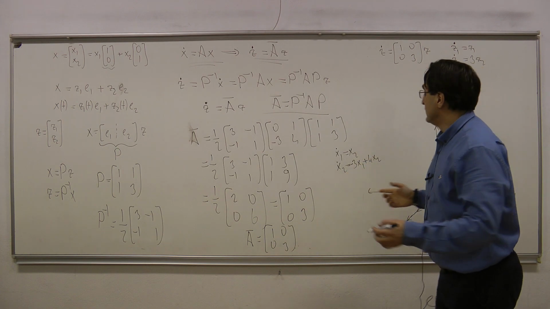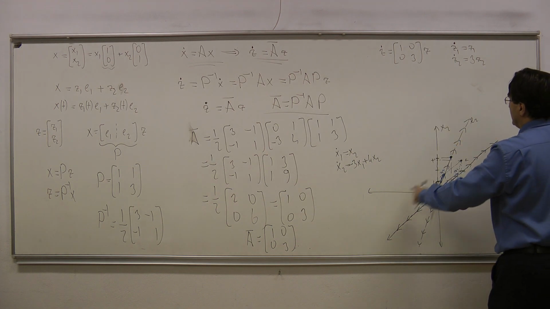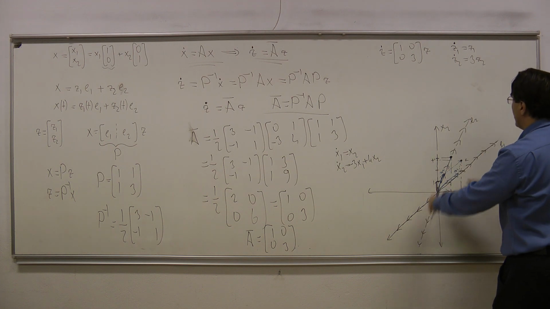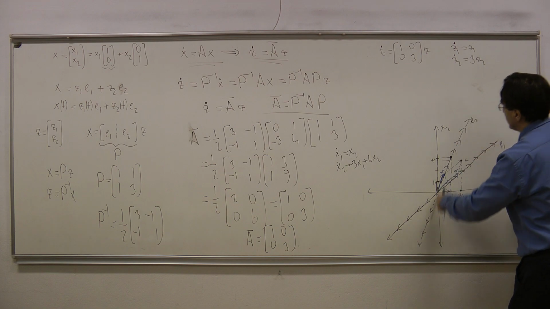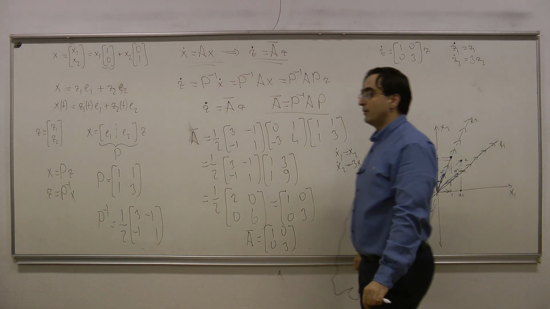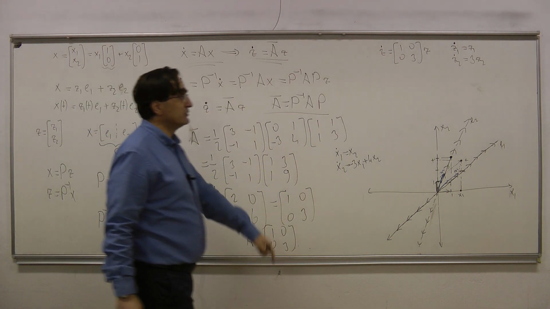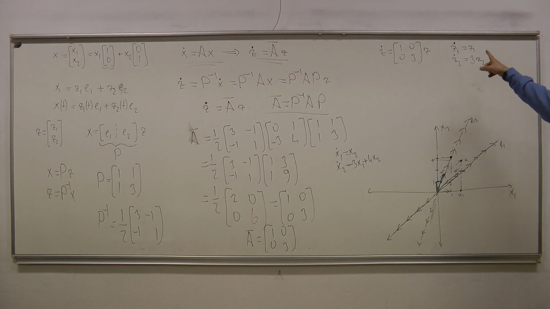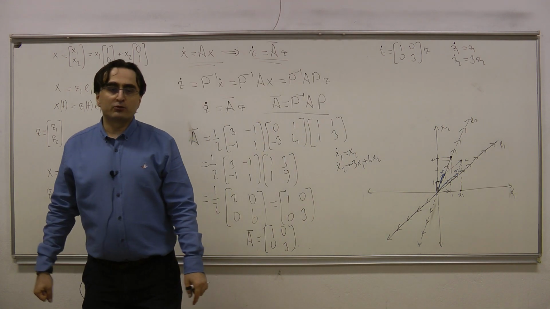In the original coordinates the differential equations are coupled, but in the new coordinates, with my z1 and z2, they become uncoupled. This is very good because I can individually solve those one-dimensional differential equations. These are first-order scalar differential equations and very easy to solve.